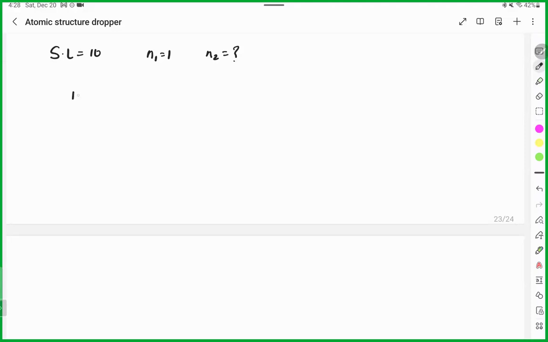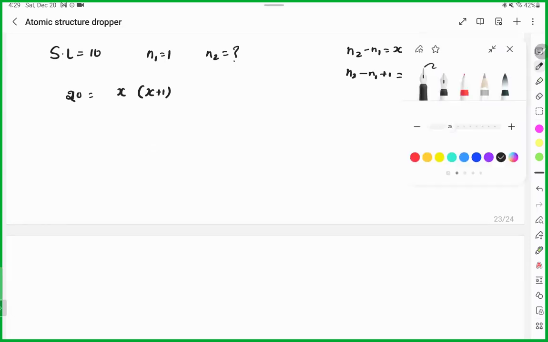In the formula, N2 minus N1, let's assume this is x. Then N2 minus N1 plus 1 will be x plus 1, like 1 extra. If it is x, the other will be x plus 1. And it is 2 here, so 2 will go to the other side and become 20. Right?